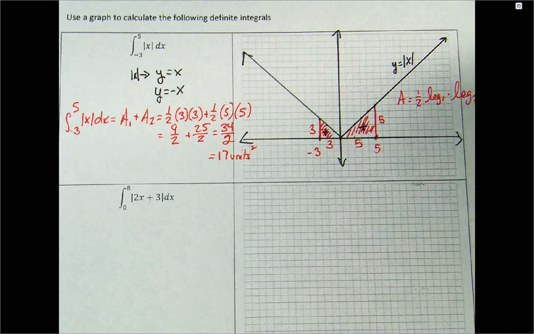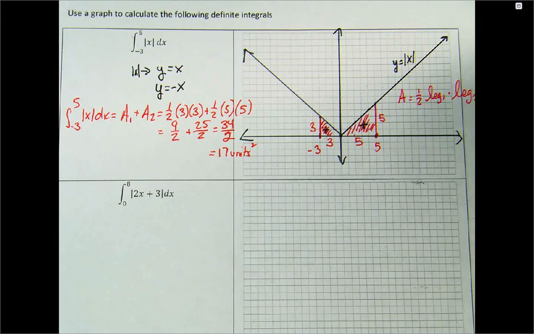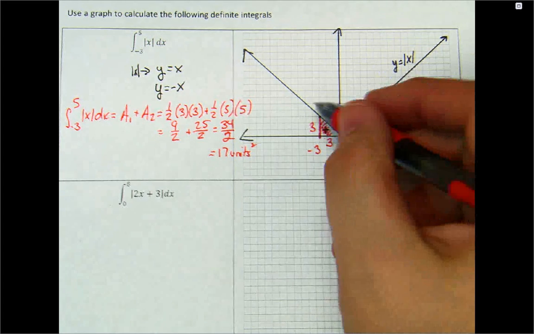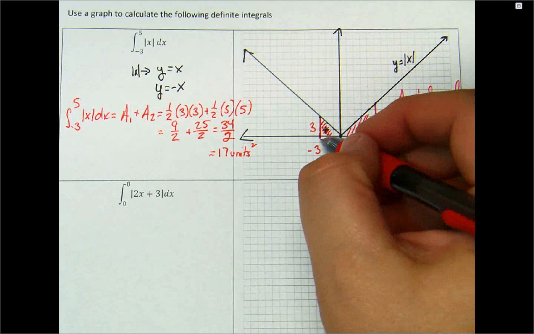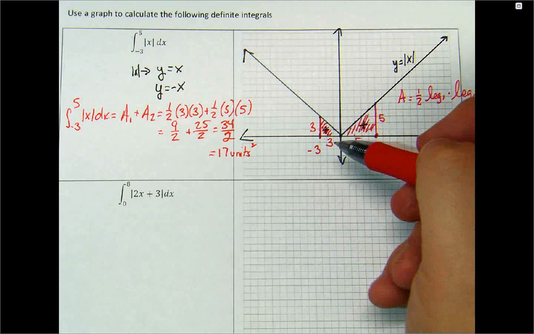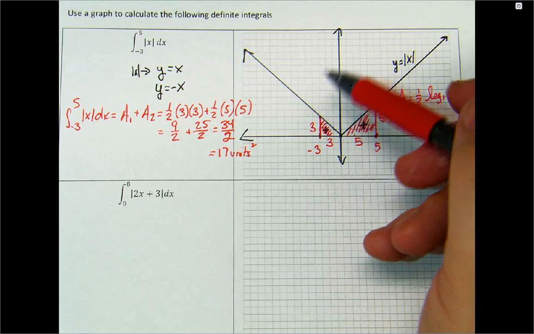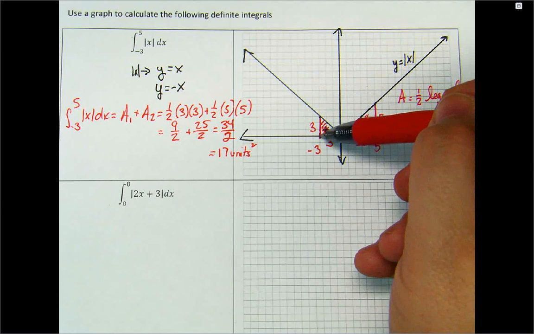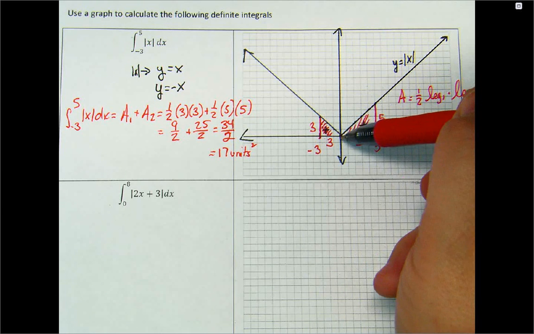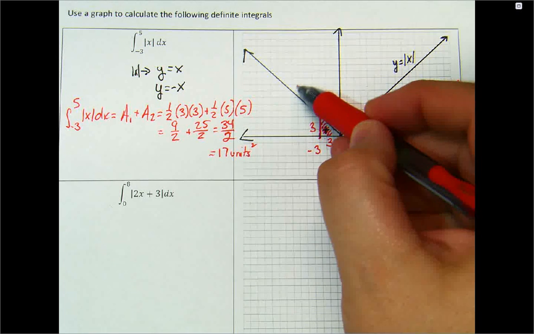That's a good question. Couldn't tell you. We would have to actually break it up and take the integral from... This is one of those functions that is kind of a pain, because we would have to break this up and say from -3 to 0, it's going to be y equals -x.